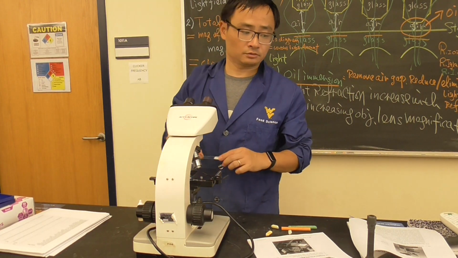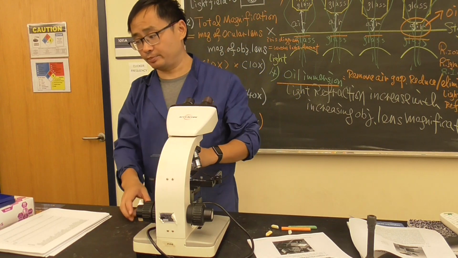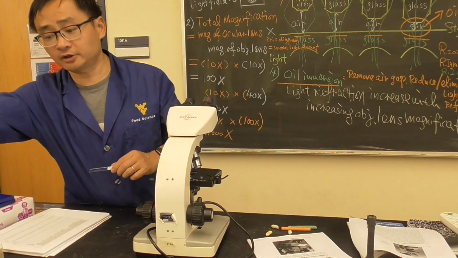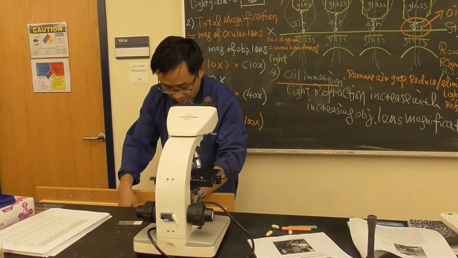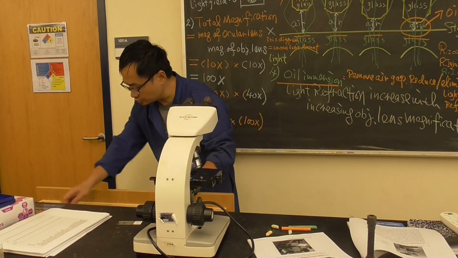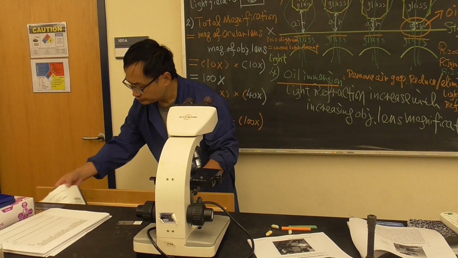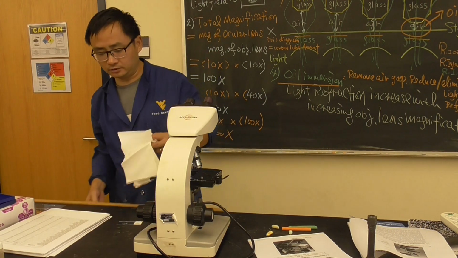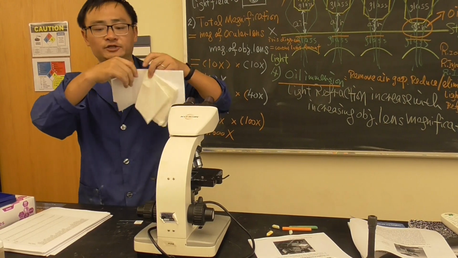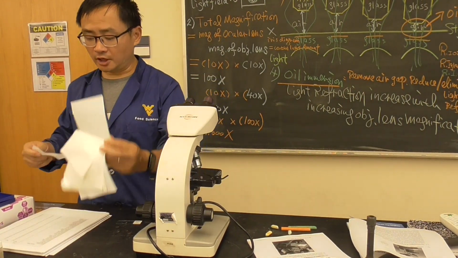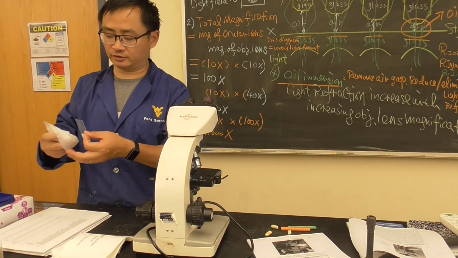When you finish, use your lens paper, not a paper towel. You should have lens paper in your personal tray, something like this mesh. That is called lens paper. Okay, not paper towel, because this is expensive.